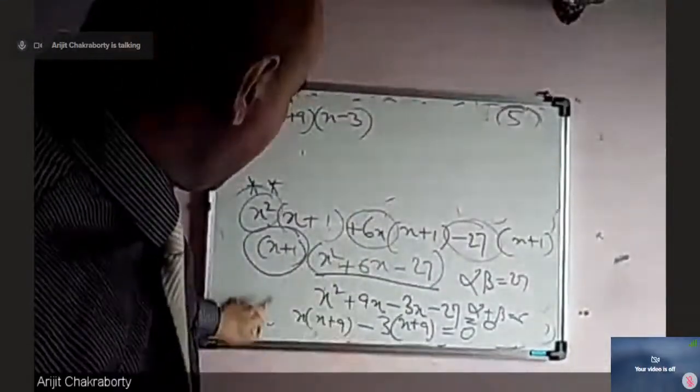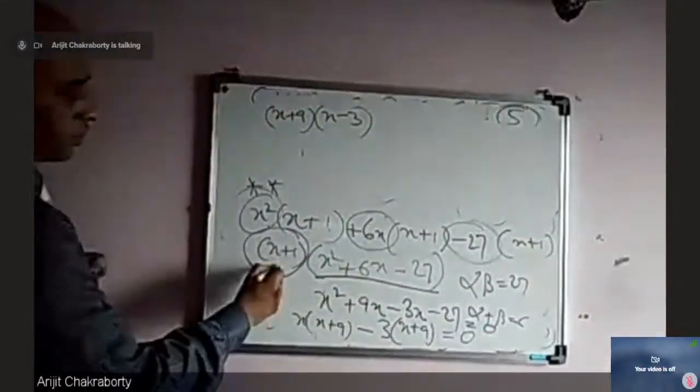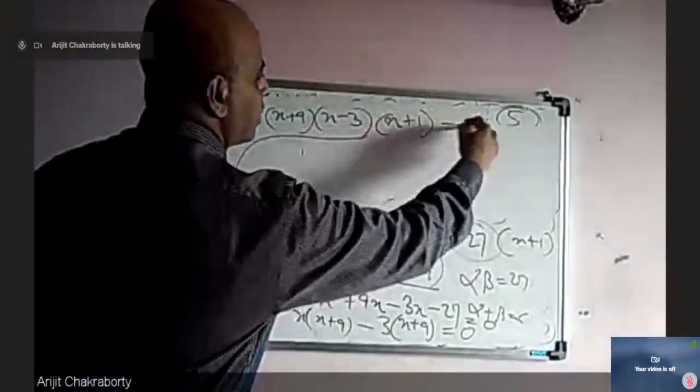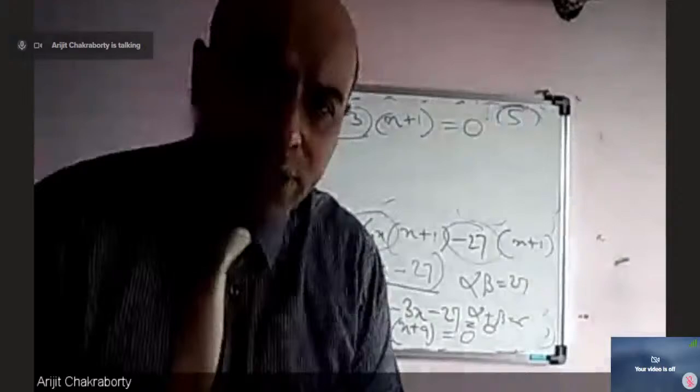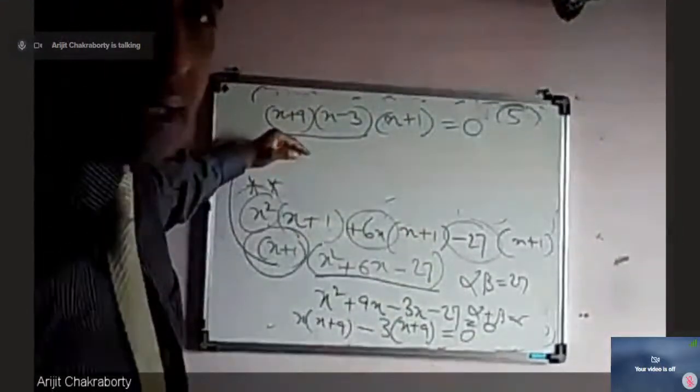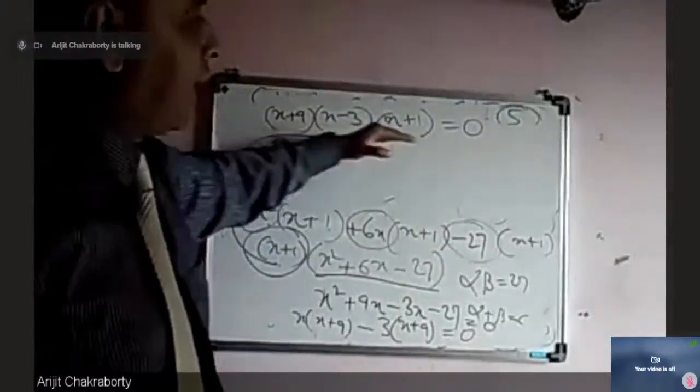But you already had x plus 1, so it will come here. So a cubic equation is now broken into 3 factors, x plus 9, x minus 3 and x plus 1.